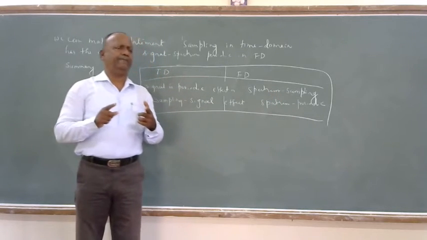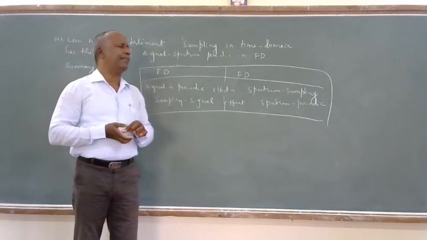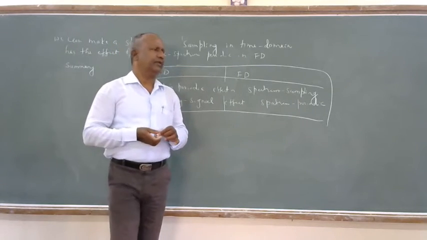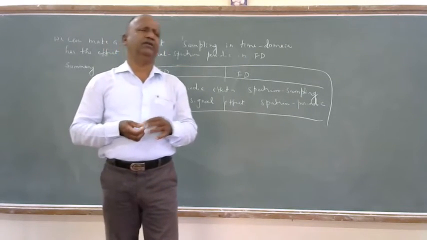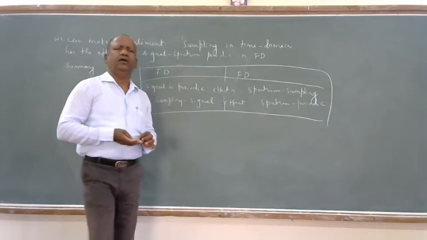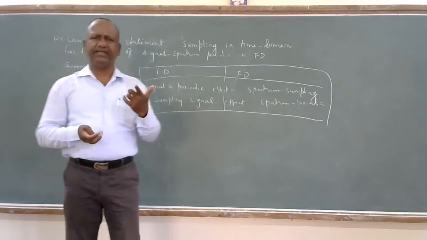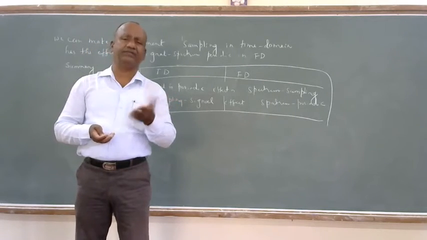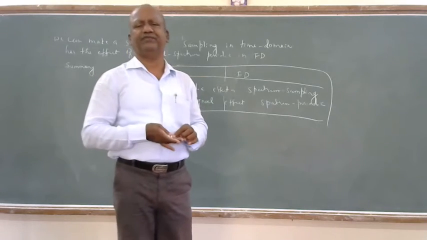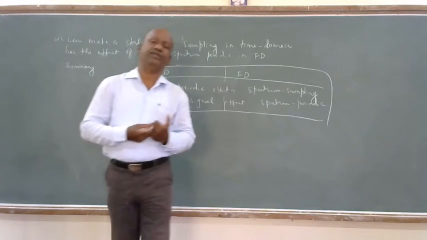In the frequency domain and time domain, there is a lot of duality property we are using. One, multiplication by j 2 pi f is equal to differentiation of that signal in the opposite domain. That is another important property of the Fourier transform based on the duality property.